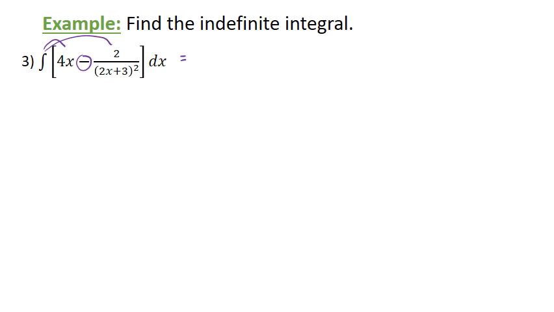So let's just rewrite this as the integral of 4x dx minus the integral of 2 over the quantity 2x plus 3 squared. So to solve this, what I'll do is I'll just integrate each of these pieces individually. So let's go ahead and do that now.